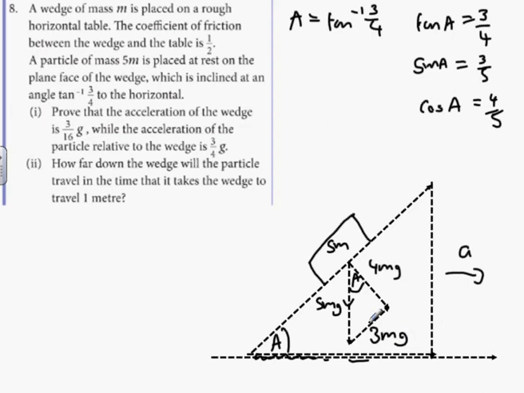Because it's basically 5mg multiplied by sine A, which is your 3 over 5. 5's cancel to give you your 3mg. Okay, now that that's done, what we're going to be looking at next, guys, is do not forget the reaction force. I keep saying this, the reaction force, very important.